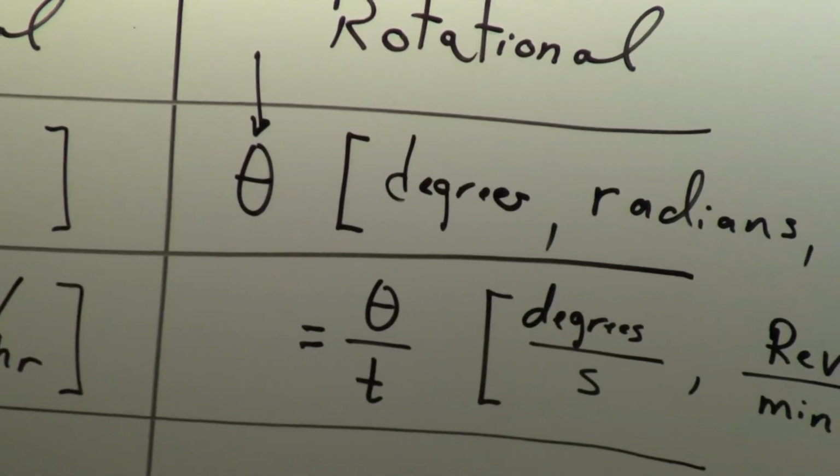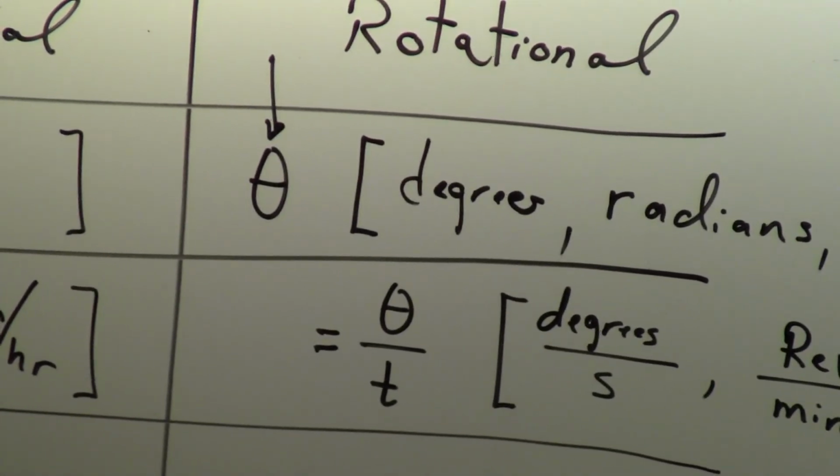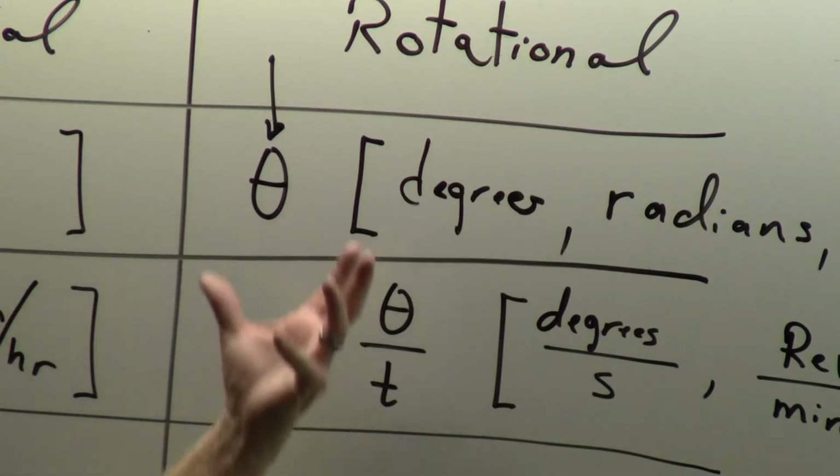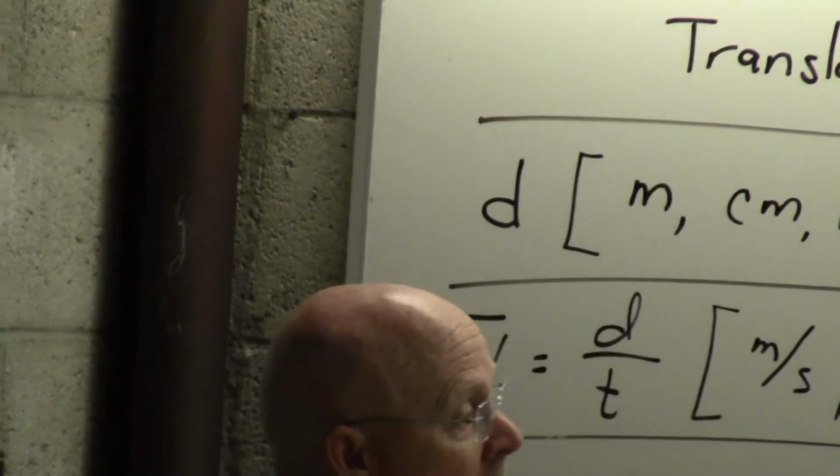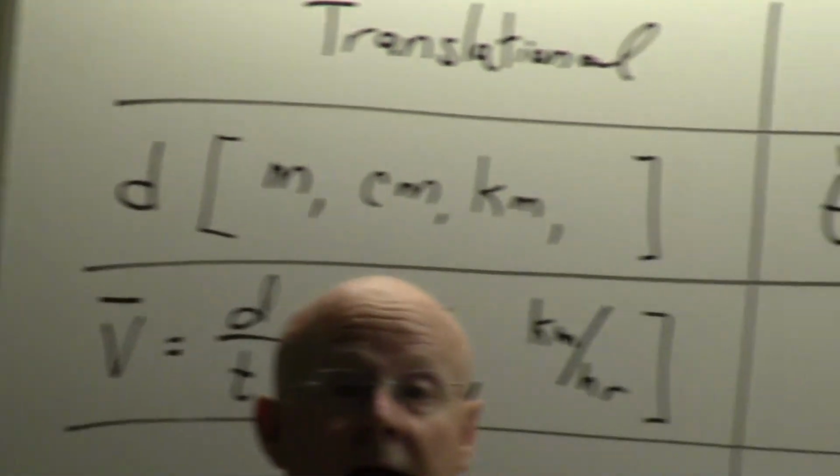And I'm talking about a rotational speed, so I need another symbol. And here's something you'll see going forward. To help us understand rotational mechanics and how it is different from translational mechanics, we like to use the Greek letters.